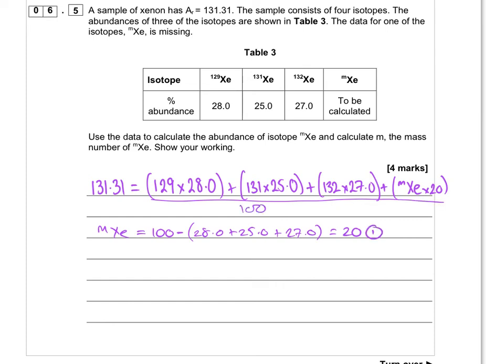Now you get 1 mark for just working out that missing percentage, as long as it's clear what it is. You get a 2nd mark for writing this equation out with the unknown in it. You get a 3rd mark for expanding those brackets so it looks like something sensible.